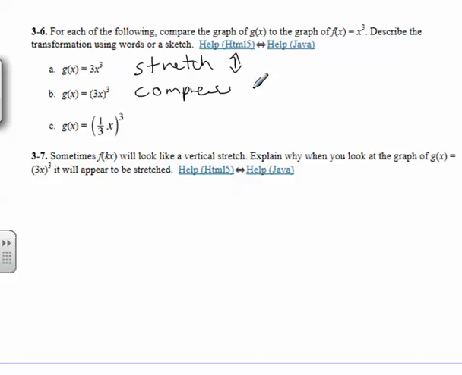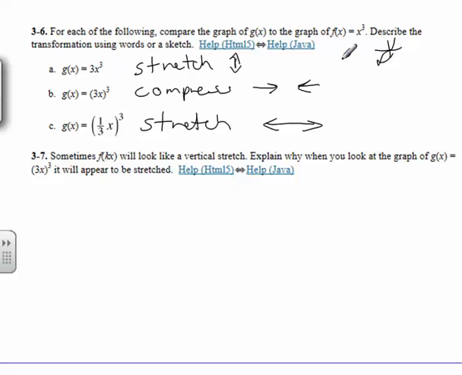horizontally, like this. And this one inside, 1/3, will be a stretch horizontally, so it'll appear wider. Now, since this is a cubic, I'll quickly do a little sketch of each. Let's say a regular cubic looks something like this.